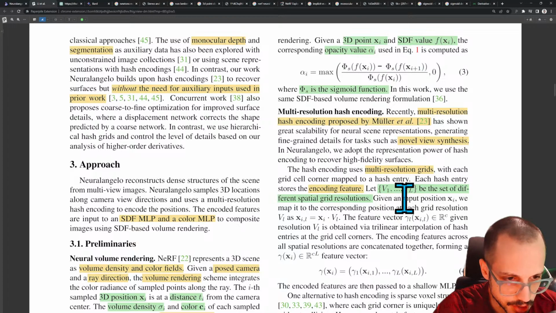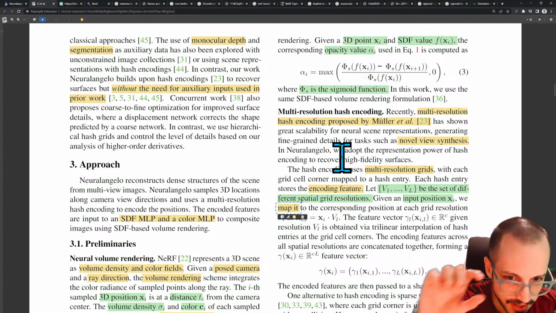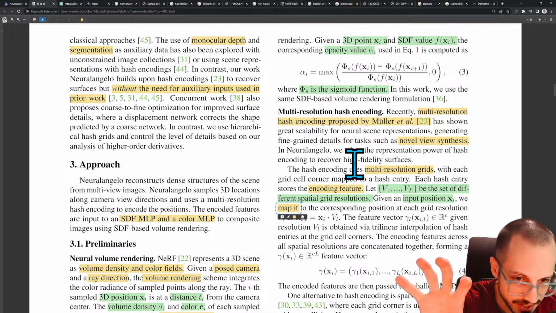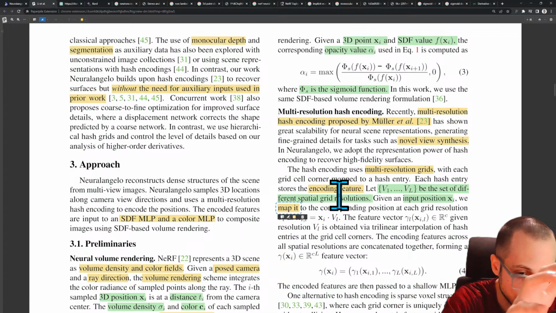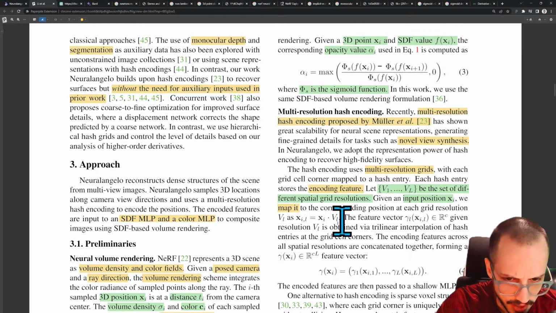Given an input position xi, we map it to the corresponding position at each grid resolution VL. All right, so here the word map it. Anytime you see map it, think about in your head a Python colon that says here's the key for the hash entry, and then here's the actual thing that it corresponds to, what it maps to. And what is it mapping to?